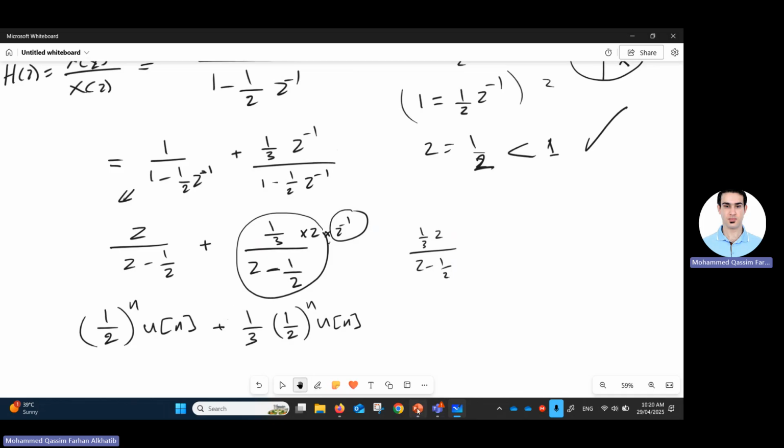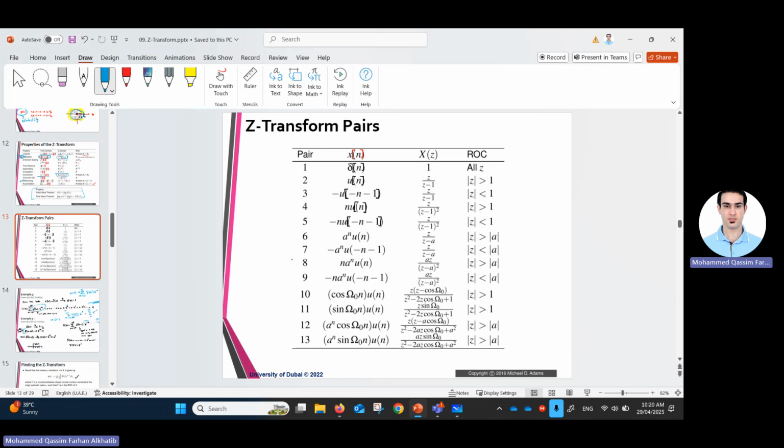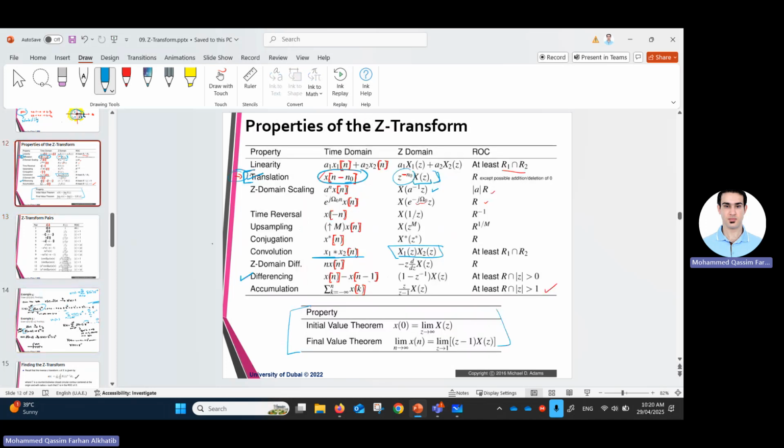What will be the case when I multiply by a z to the power negative something? Let's go back to the tables. Where is the case where I multiply by a z to the power negative something? Translation. Or basically, when you do a delay or a shift in time domain.